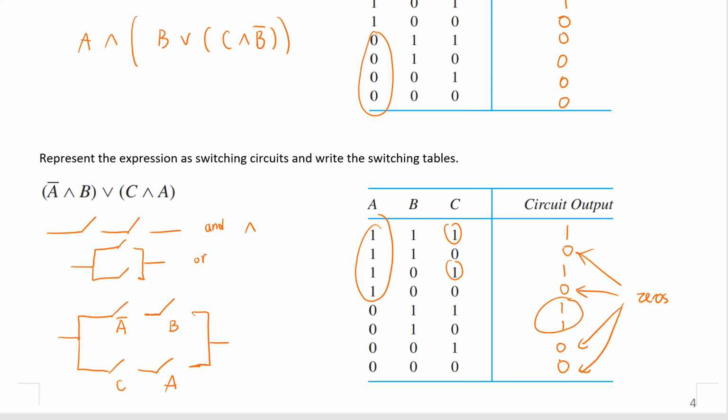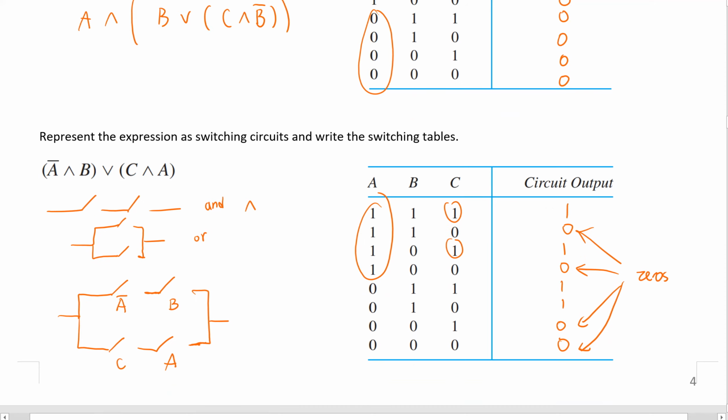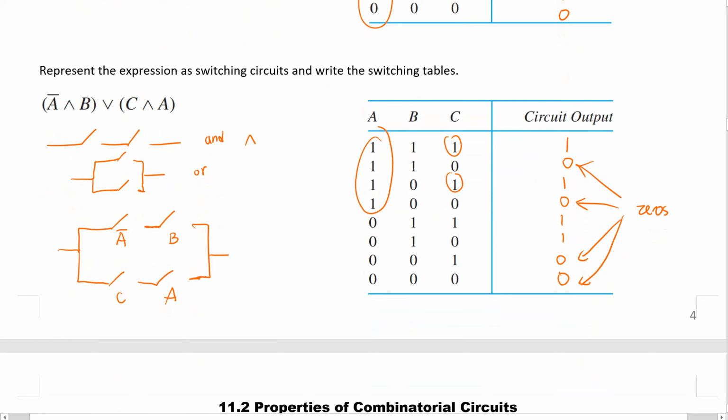And then next, the second path, we have C and A. So we find when C is closed, so C is 1 and A is 1. So we can go through and get 1. So those are the only two paths we can go through. So all the rest is going to be zeros. So far, so good, everybody. So that is the switching circuit.